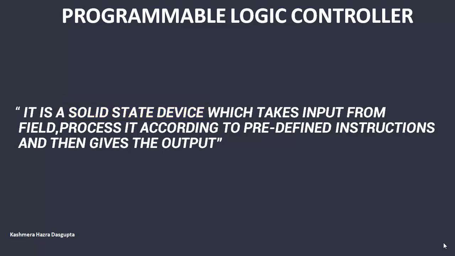Solid state refers to electronic devices, components and systems that are based entirely on semiconductors. So your PLC is a computer control system used in industry that reads your input, then makes decisions based upon the customized program that you have already made to control the output devices.